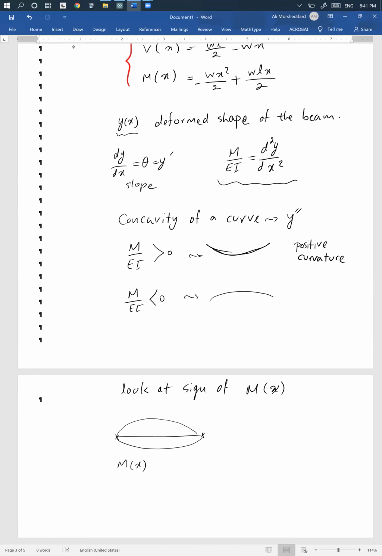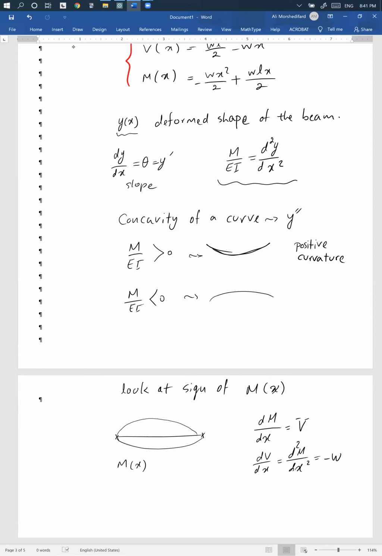So again, if I have the second derivative, I can tell you which one it is. Whenever you want information about concavity, whether something is concave downward or concave upward, you have to look at the second derivative. Fortunately, I know this: dM over dx is V, and dV over dx, which equals the second derivative of moment, is equal to negative w.